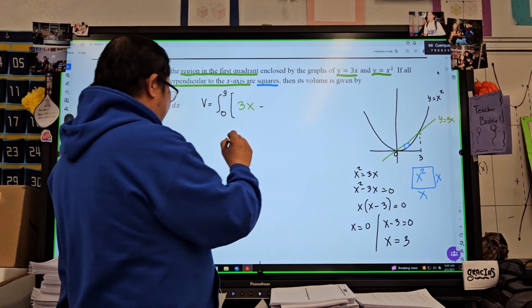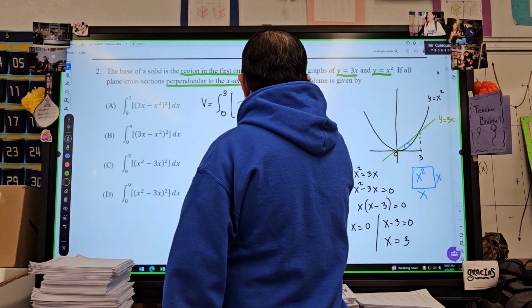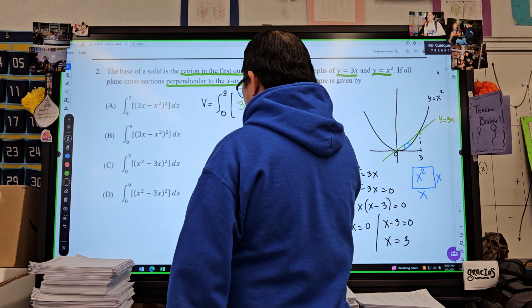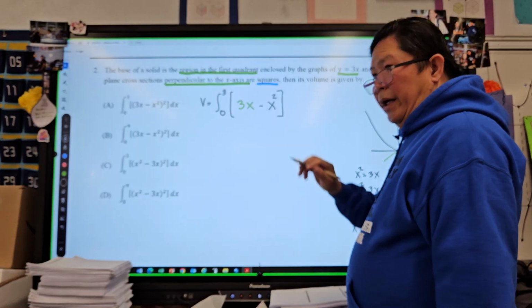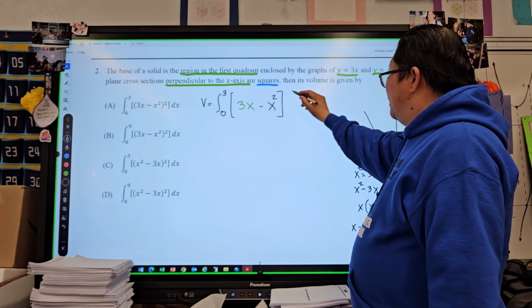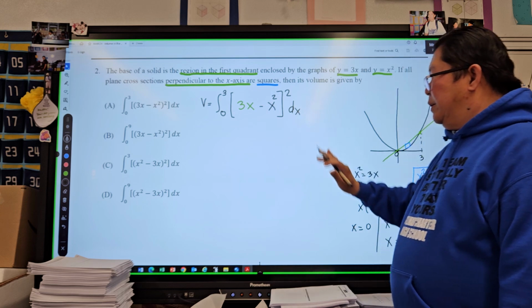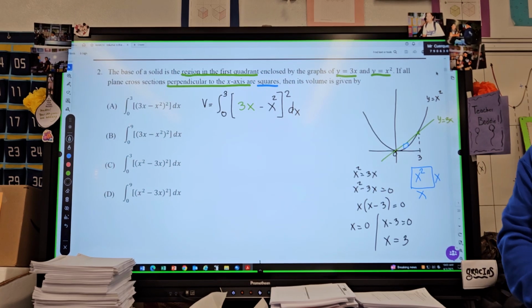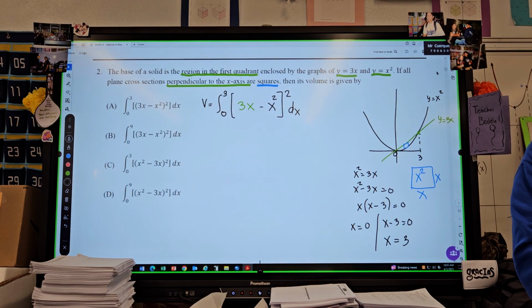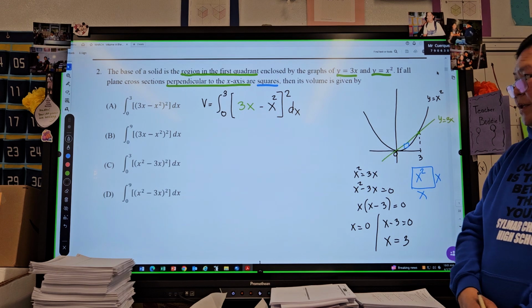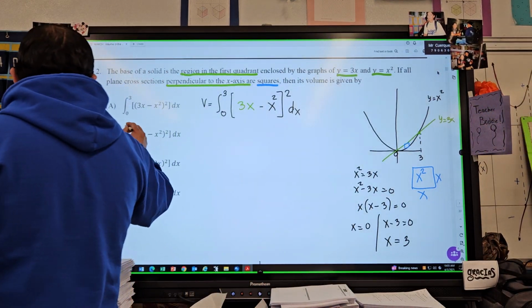So 3x minus x squared, and then square, and then dx. So what letter is the best choice? Letter A.